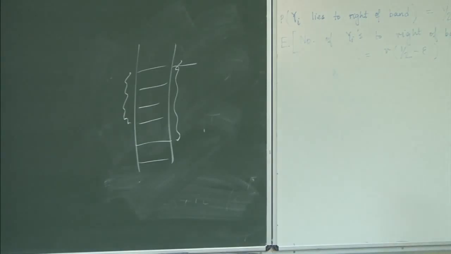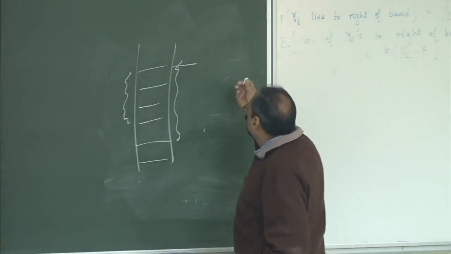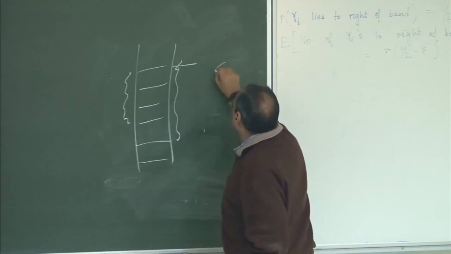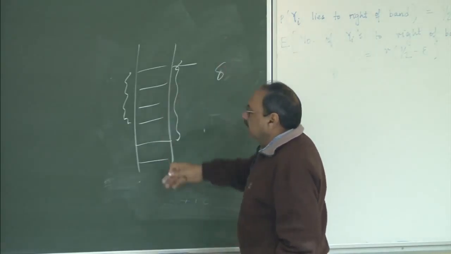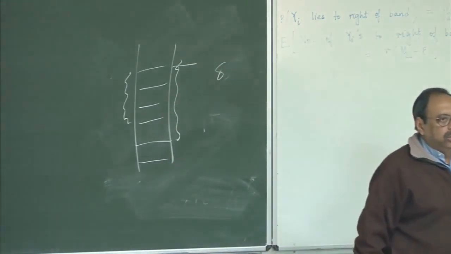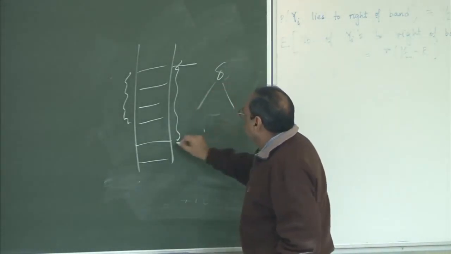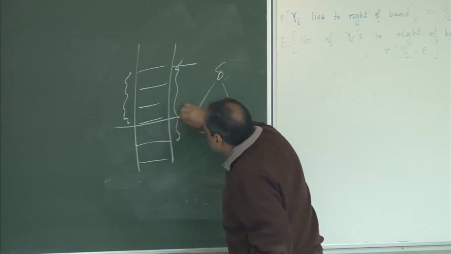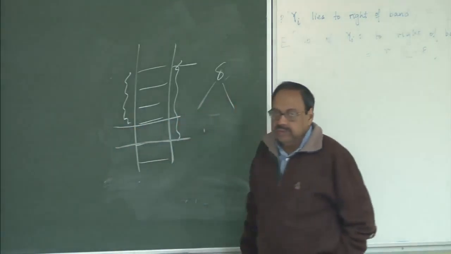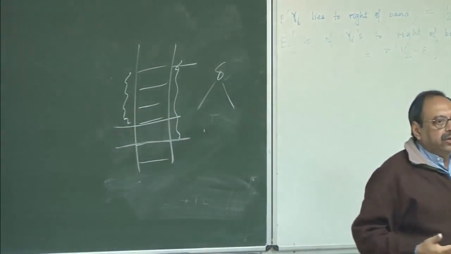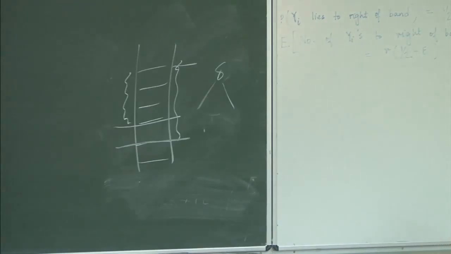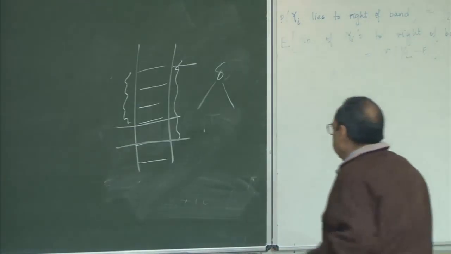That means somewhere I'll say that my stack contains some string delta, which is a string of terminals and non-terminals, and I want to divide this into two parts. In one case there is a division, in another case there is a division. So what is the right kind of division? This my parser needs to answer.